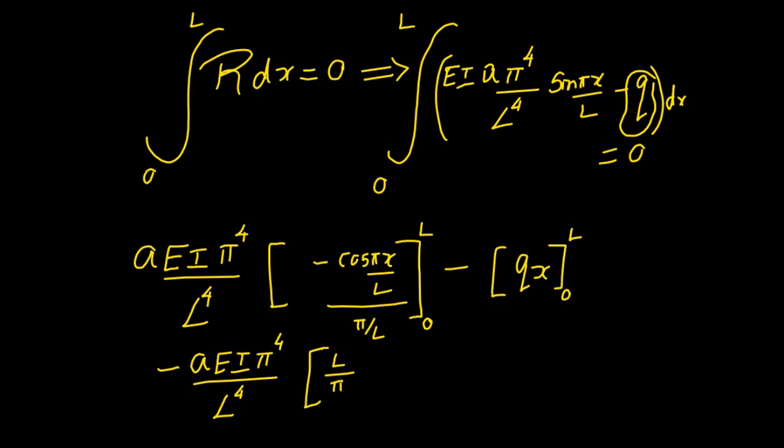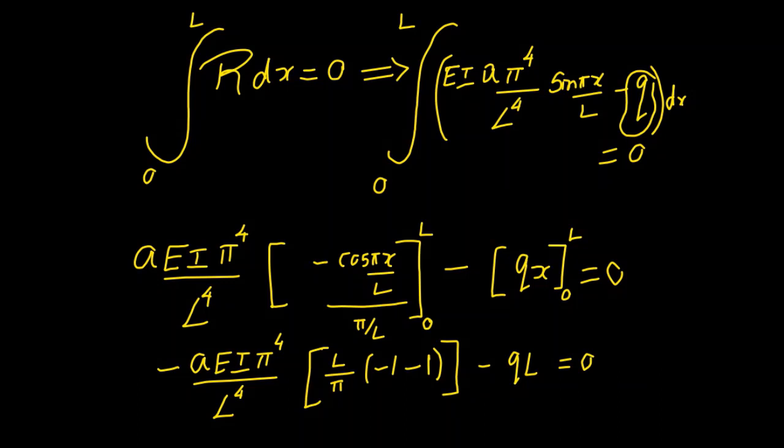And if you substitute the upper limit, which is capital L, you get cos 180 degree, which is minus 1. Minus of, if you substitute the lower limit, cos 0 degree, it is 1. Minus, if you substitute the upper limit, you will be getting q over L. And that is equal to 0.